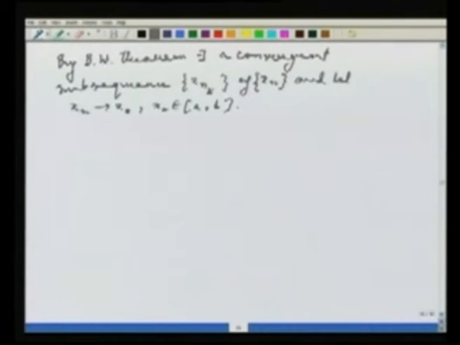But since f is given to be continuous, I know that this implies f of xnk converges to f of x naught.